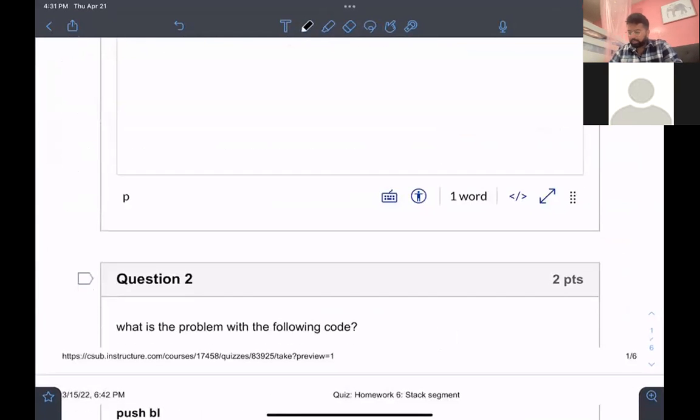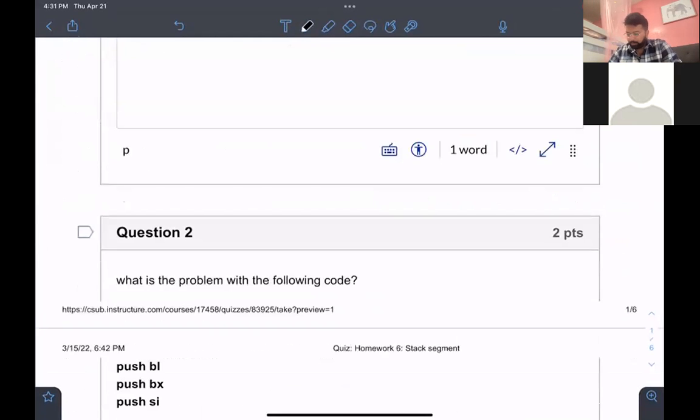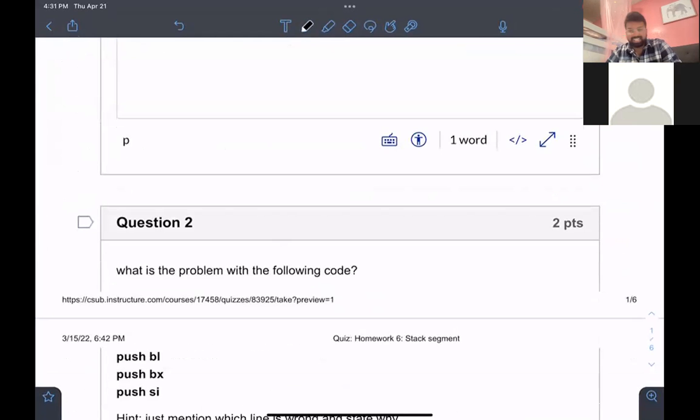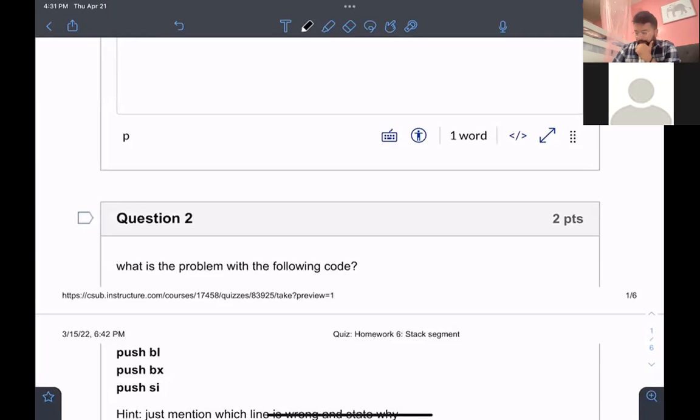Okay. The next question is, what is the problem with the following code? Push BL, push BX, push SI. First of all, these instructions look good, but we know that there is something wrong with one of them. They're all push, and then BL, BX, and SI. We know BL is the lower 8 bits of BX, so it's 8 bits.